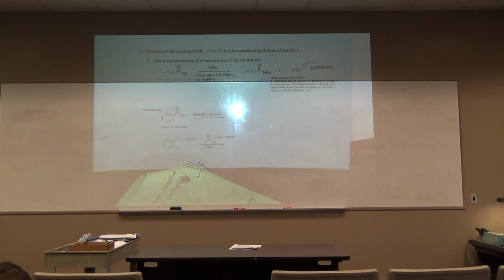In the 8-week lab, what is a base that was used, or can be used? Some of you have already used one. DABCO. Hasn't somebody used DABCO? Another one was 2,6-lutidine. Both of those are sacrificial bases, analogous to triethylamine.